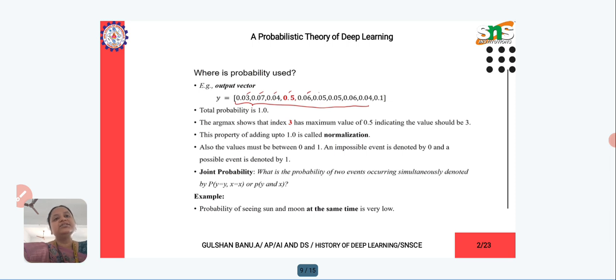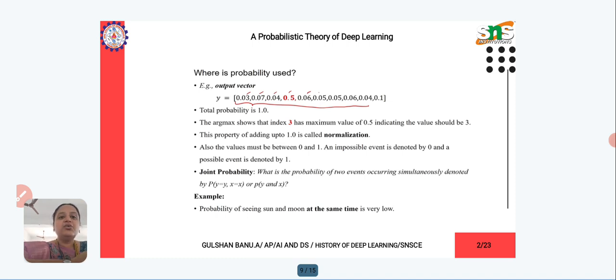There are certain basic rules of how probability has to be executed. You can have n number of values and take only the maximum value from the probabilities, and when you sum up all these values, you should get the sum of 1.